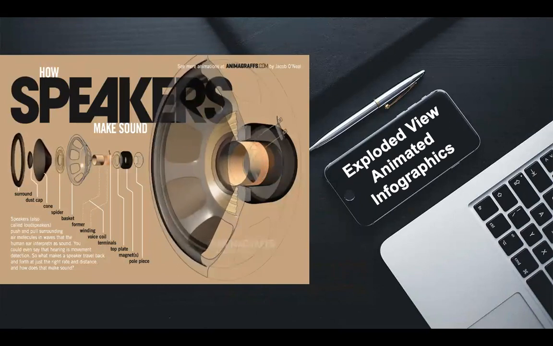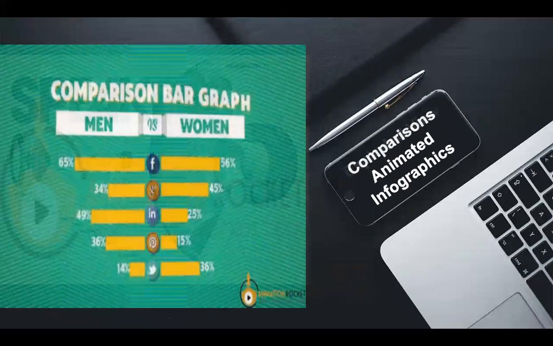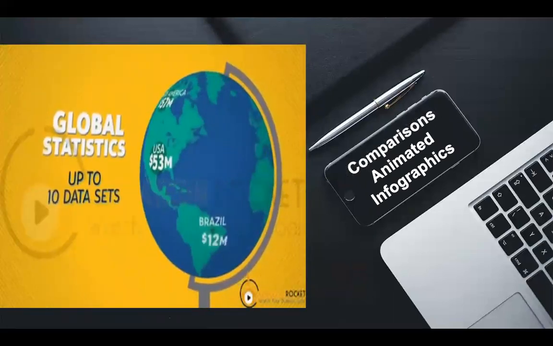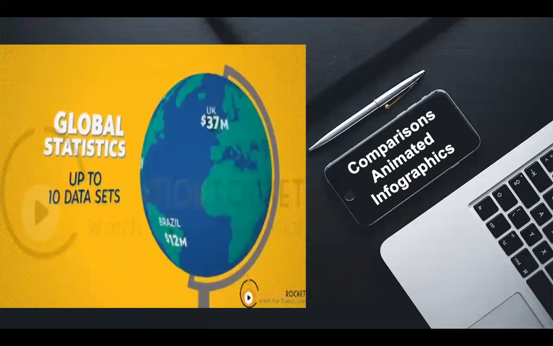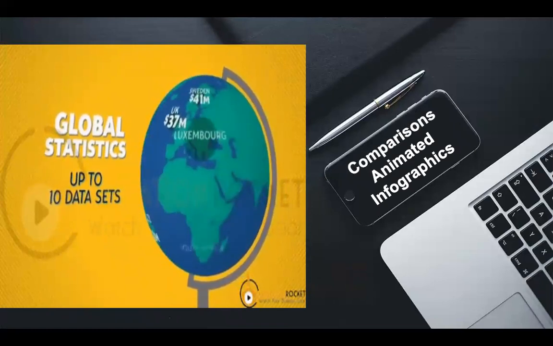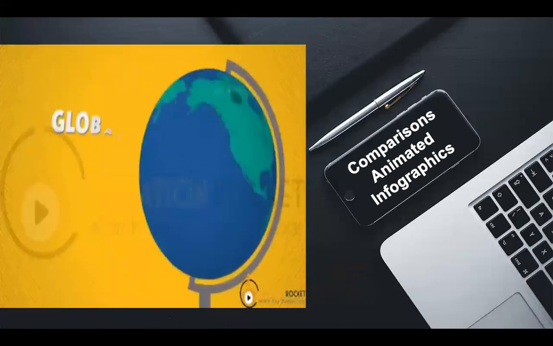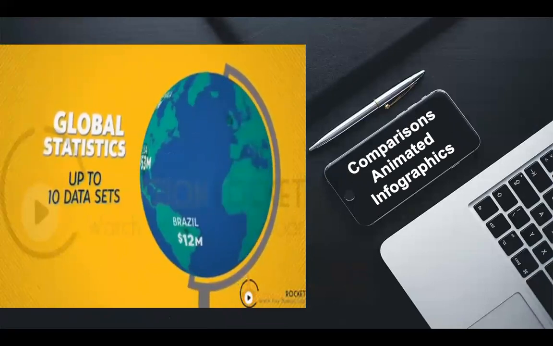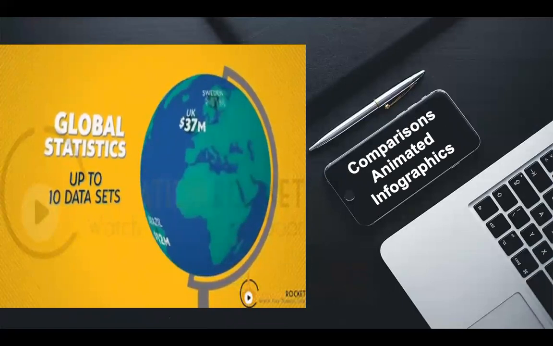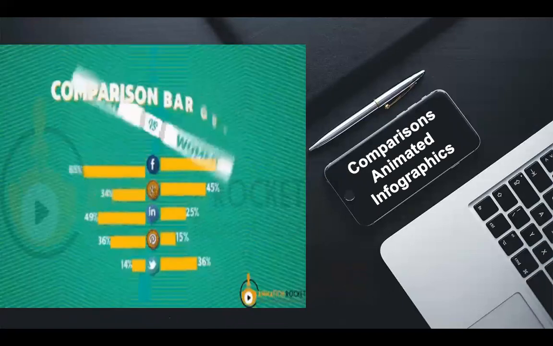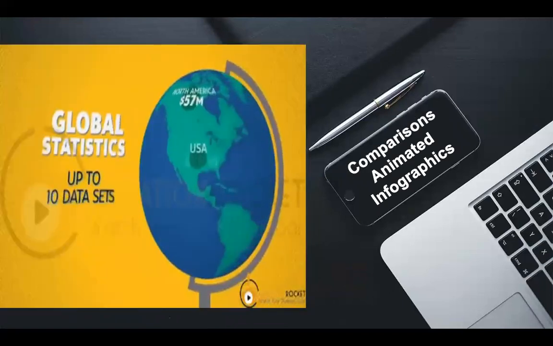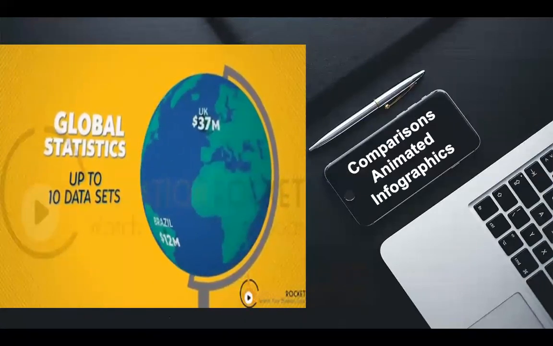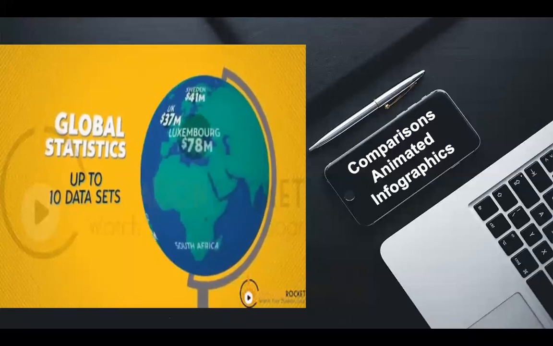Let's move toward the next style. Comparison animated infographic. This is closer to teachers, because most scenarios are related to comparison. We have two-sided scenarios, and we want to present a comparison, maybe give a survey or poll to the students, and tell them the features of one side and also the features of the second side.